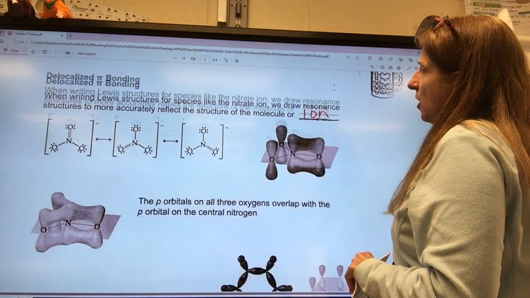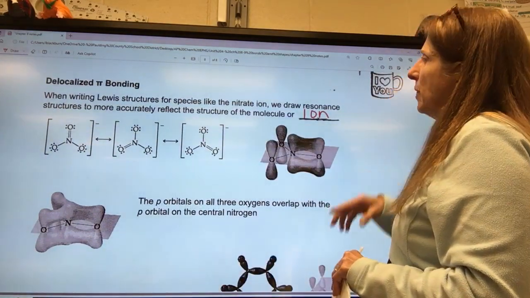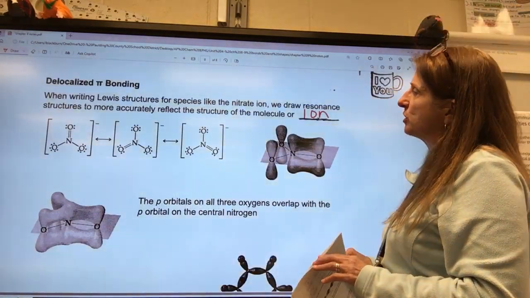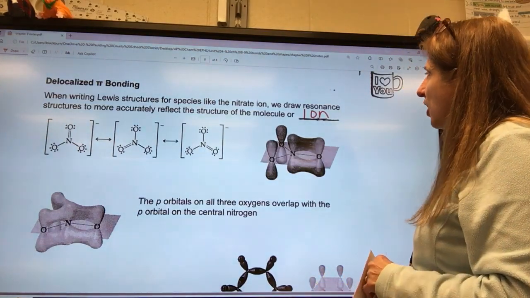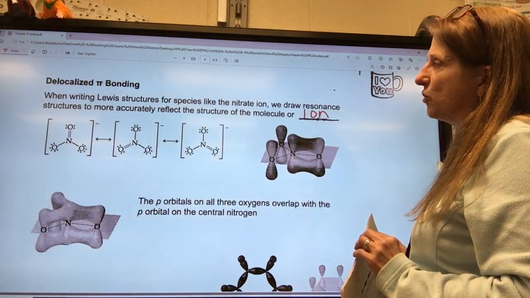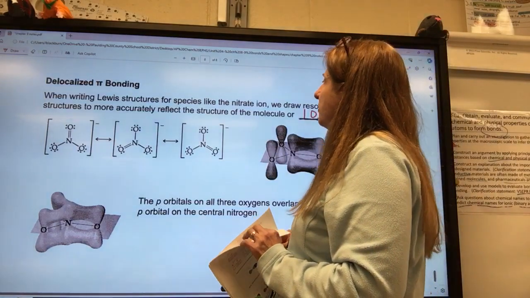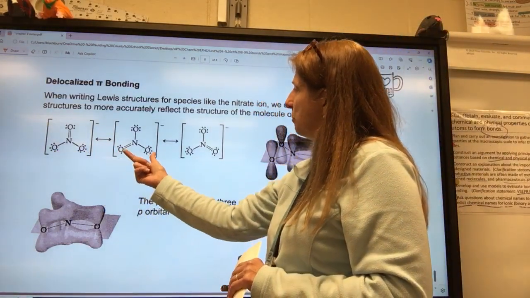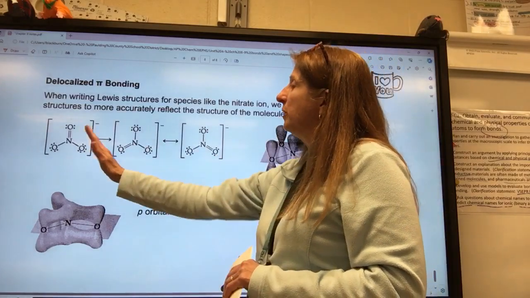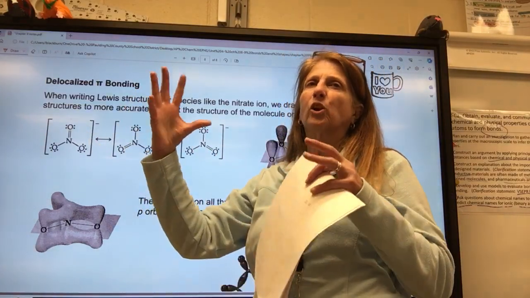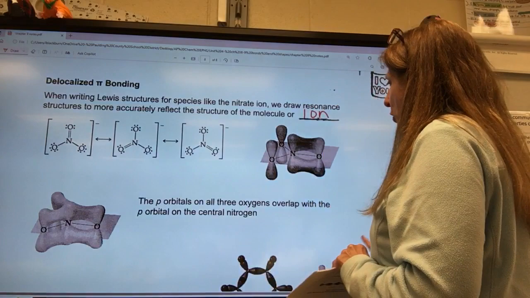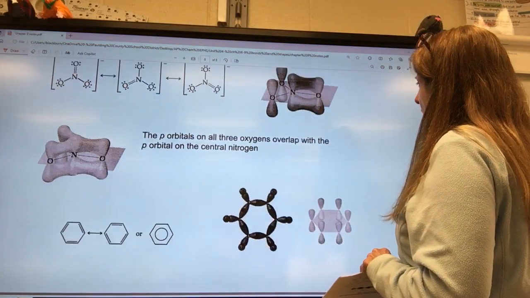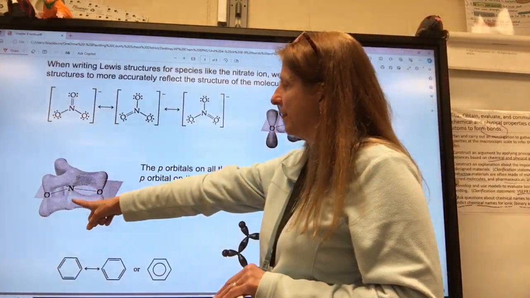Okay, so delocalized bonding. When writing Lewis structures for species like the nitrate ion, we draw resonance structures to more accurately reflect the structure of the molecule. So it could be like that, it could be like that, it could be like that, but really it's resonance. And remember we learned that was like mixing paint. And what it would look like with the bonds is something like that.